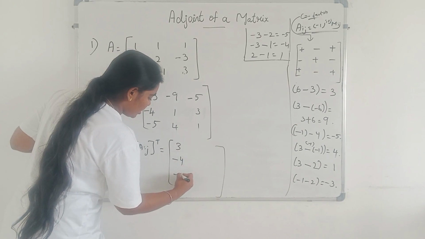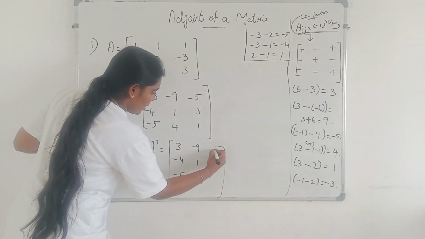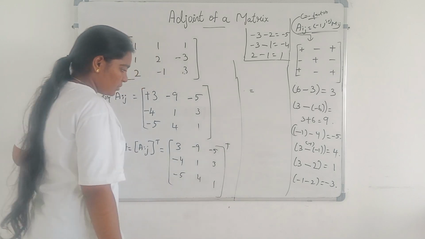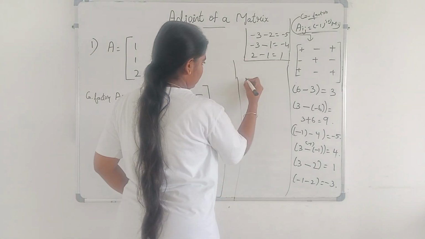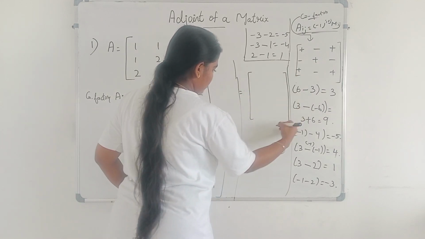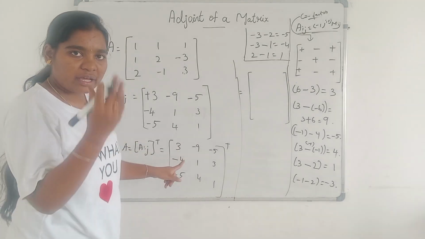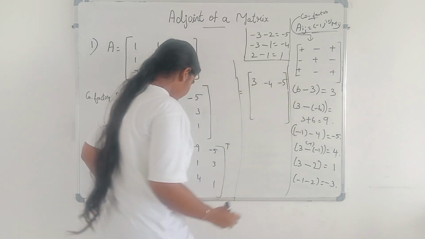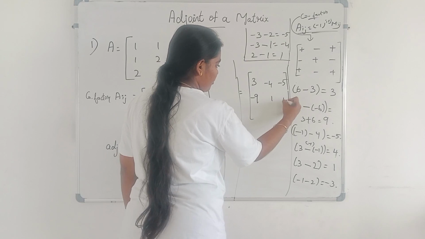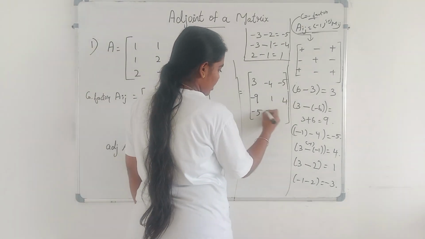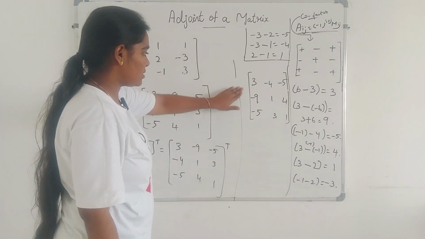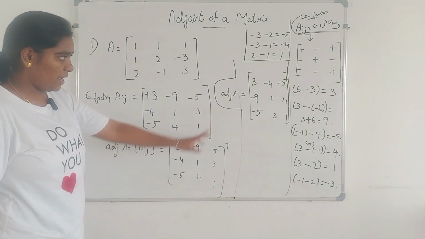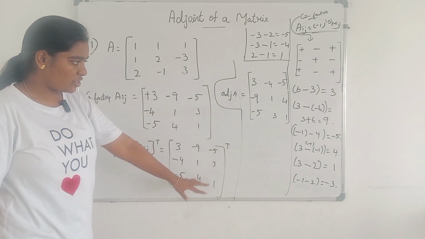You will interchange the position of rows and columns. So the adjoint A, this is your adjoint matrix: 3, minus 4, minus 5, minus 9, 1, 4, minus 5, 3, 1.